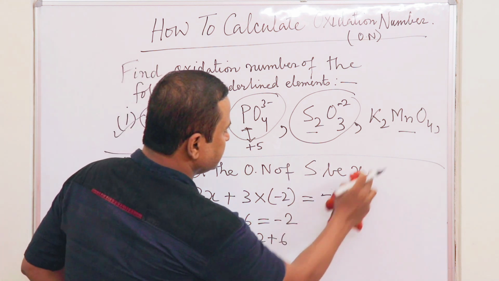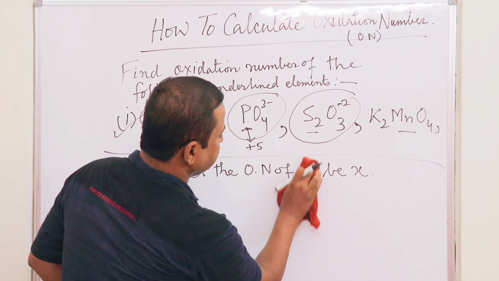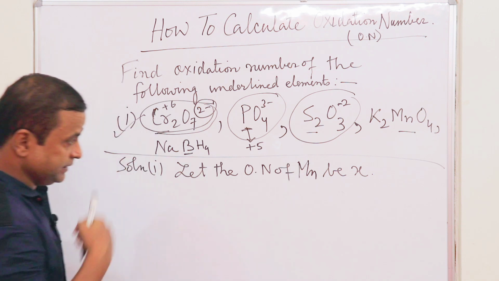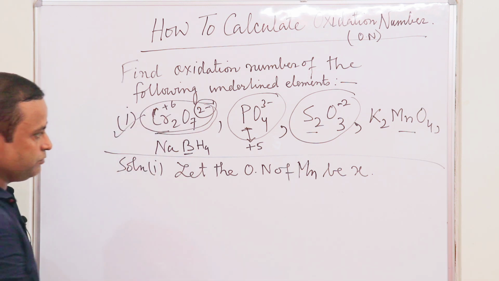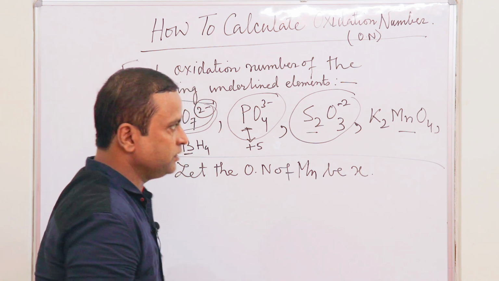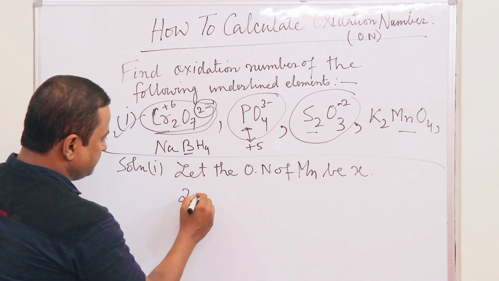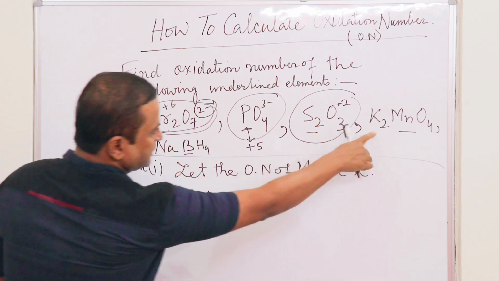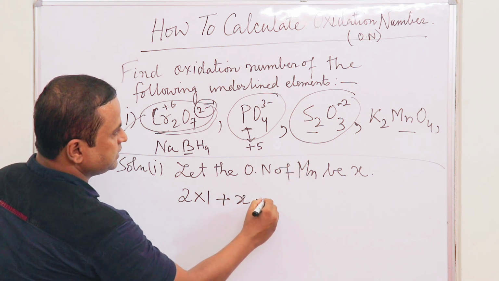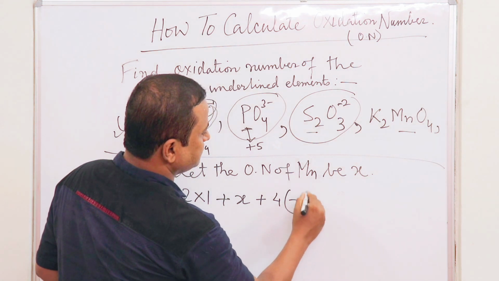The next question is K2MnO4, and the underlying element is manganese. Let the oxidation number of manganese, Mn, be x. You know potassium is a group 1 element, so it will obviously have +1. So 2 times 1 for 2 potassium, plus manganese, which we have assumed to be x, plus 4 oxygen, each -2.